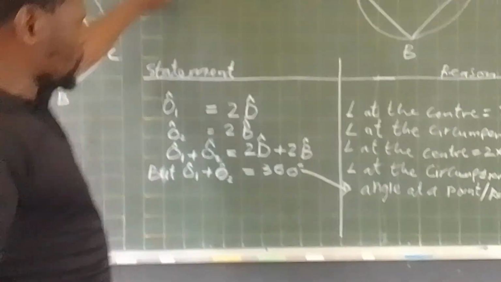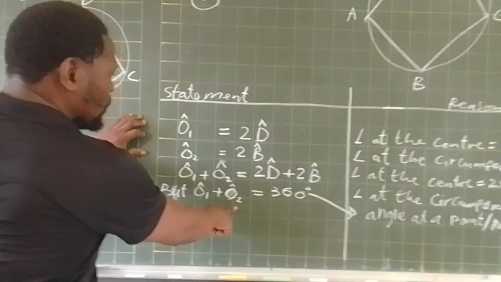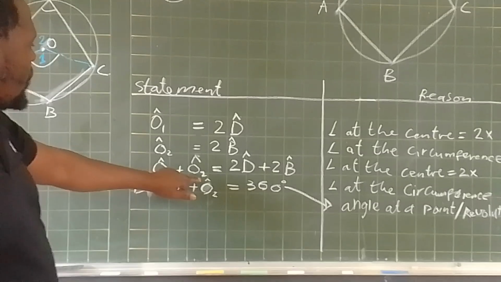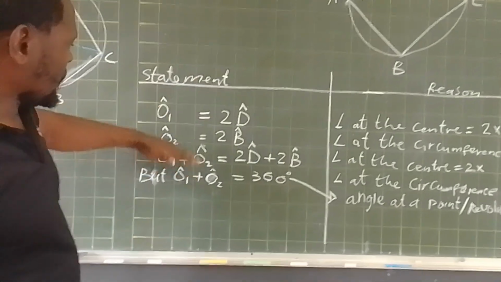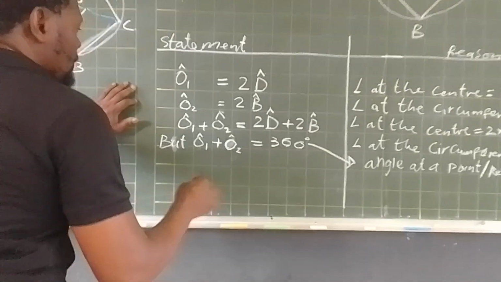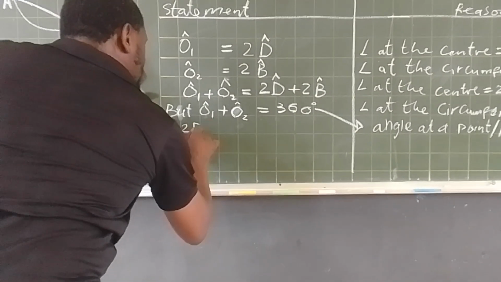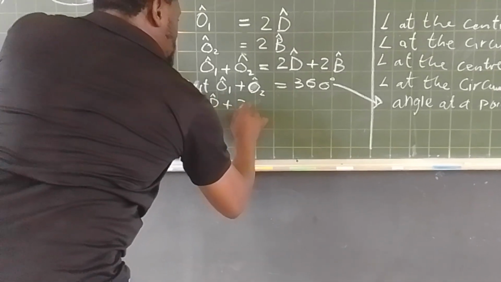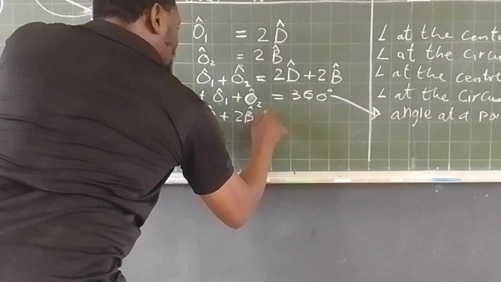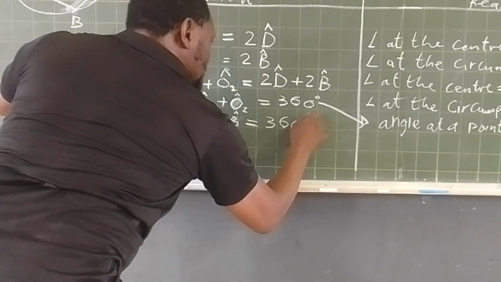Since this is a revolution, because O1 and O2 is equal to 360 and O1 and O2 are at the center, then we can say that 2 angle D plus 2 angle B is equal to 360 degrees.